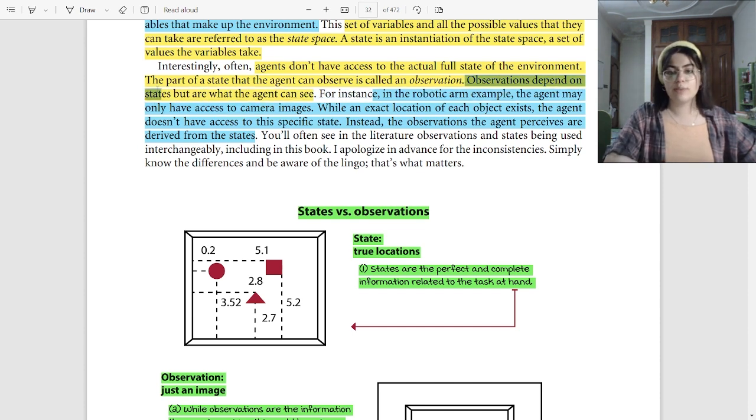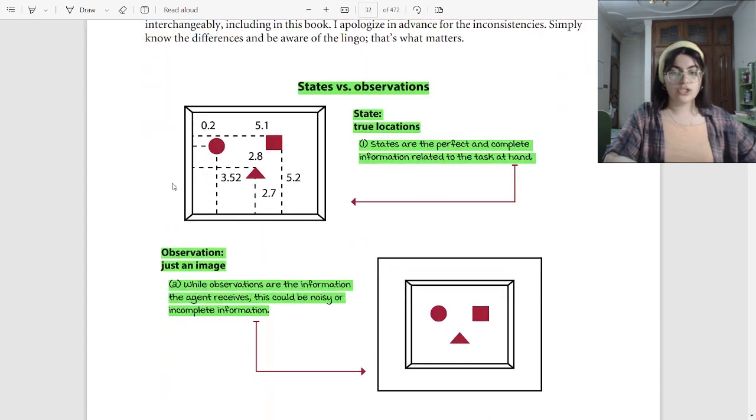So observations depend on the states, but are what the agent can see. For instance, in the robotic arm example, the agent may only have access to camera images, while an exact location of each object exists. The agent doesn't have access to this specific state. Instead, the observations the agent perceives are derived from the states. So check this.